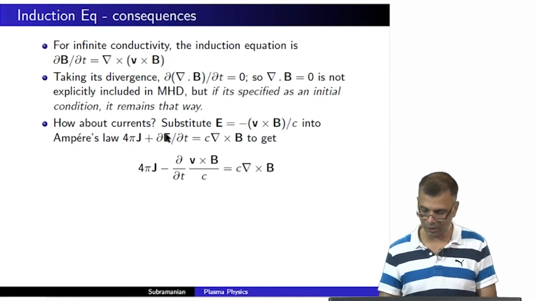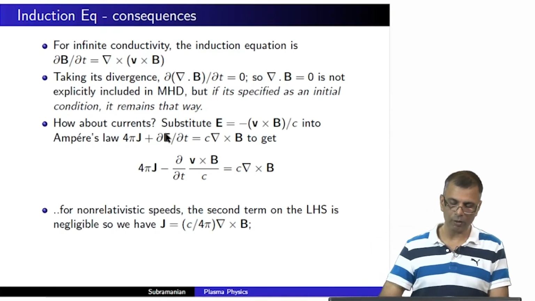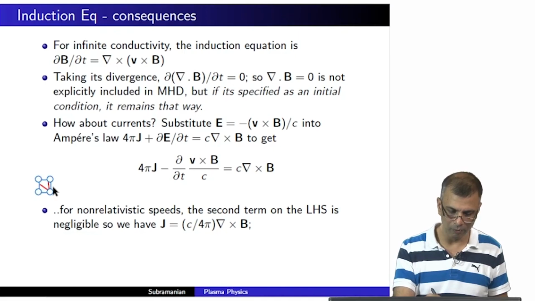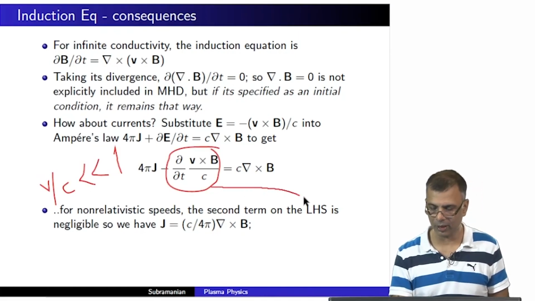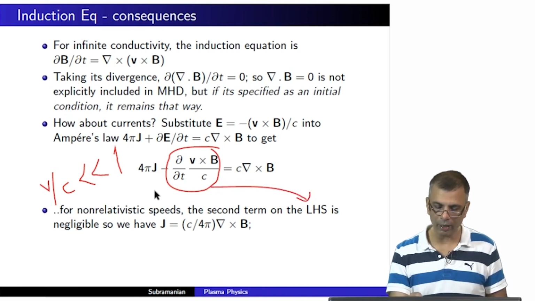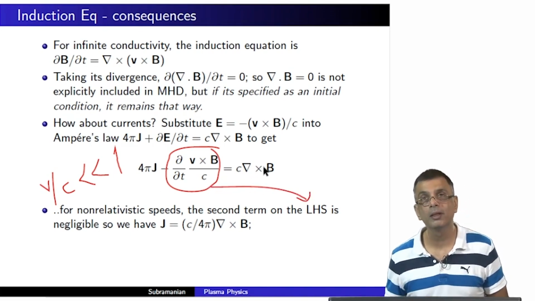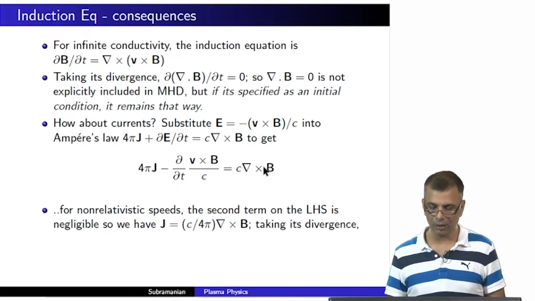Now, for non-relativistic speeds, in other words, for v over c much less than 1, this term is negligible. Therefore, we have J essentially equal to the curl of B.